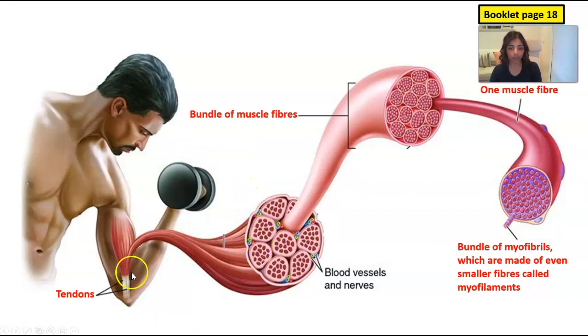So again, we're just focusing on a really obvious muscle group that we can all identify, the biceps brachii. And we can see that connective tissue from the epimysium ends up forming the tendons, which attach onto the bone. Within that, we can see these muscle bundles, and then within each muscle bundle we have the muscle fibers.